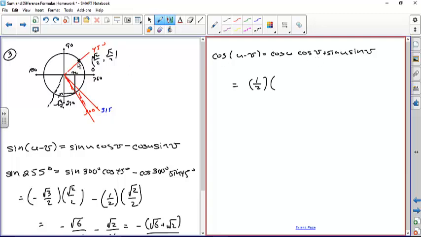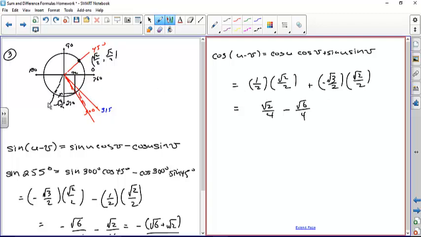The cosine of 45 is square root of 2 over 2. And then I add the sine of u, that's the sine of 300, minus the square root of 3 over 2, times the sine of v, which is going to be positive the square root of 2 over 2. So we'll get the square root of 2 over 4 minus the square root of 6 over 4.